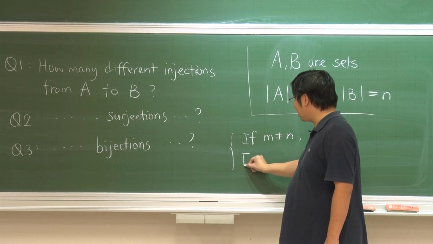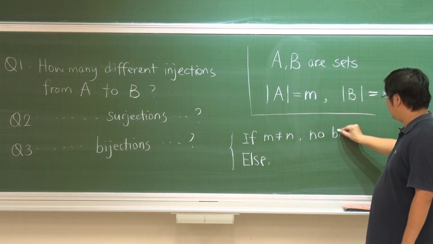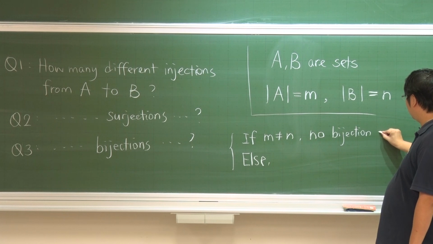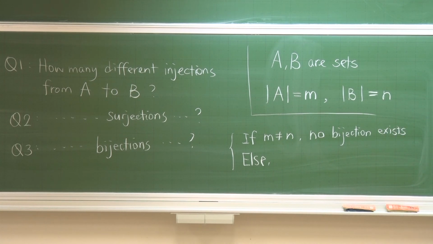Okay. Else, how many bijections are there? So let's say that A has 4 things, B has 4 things, right?